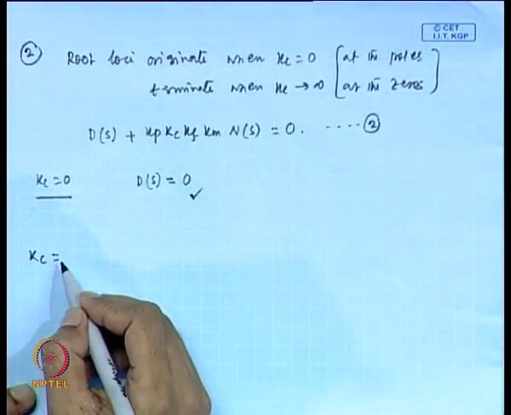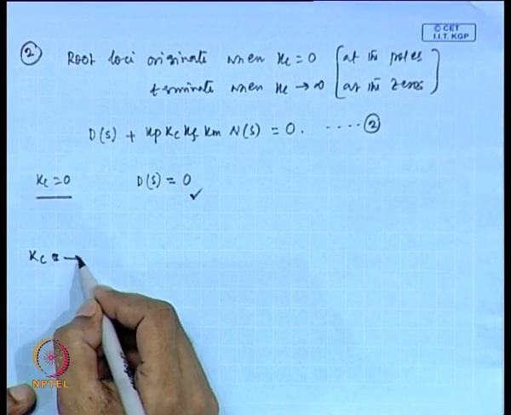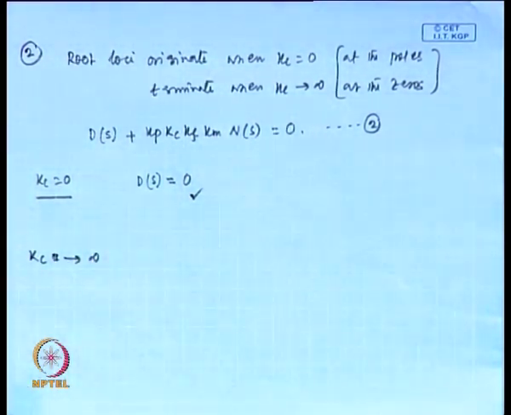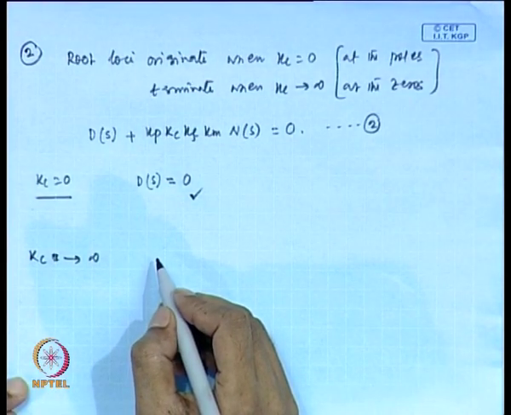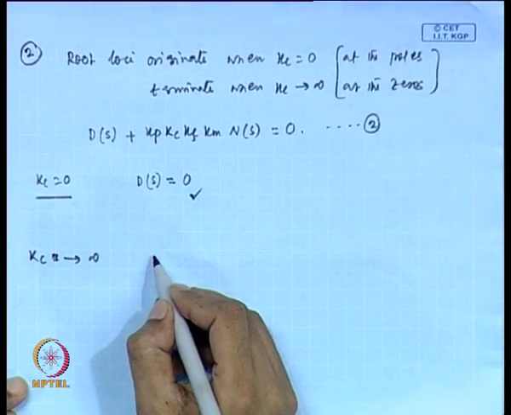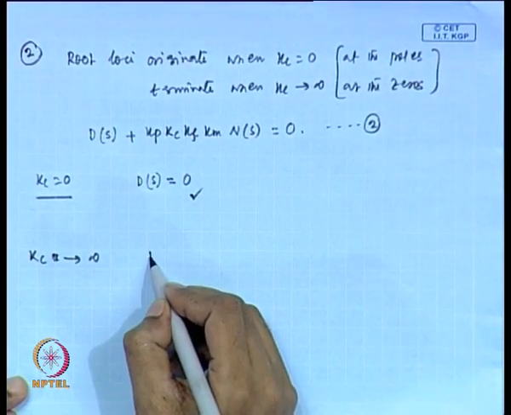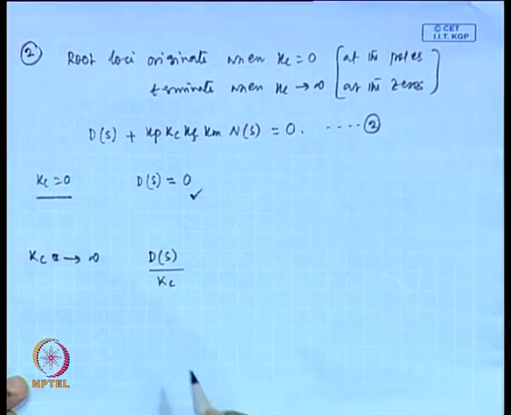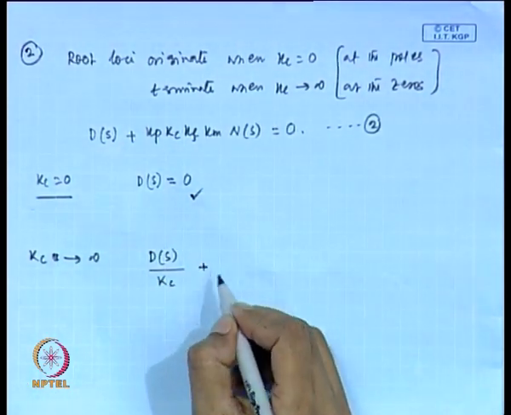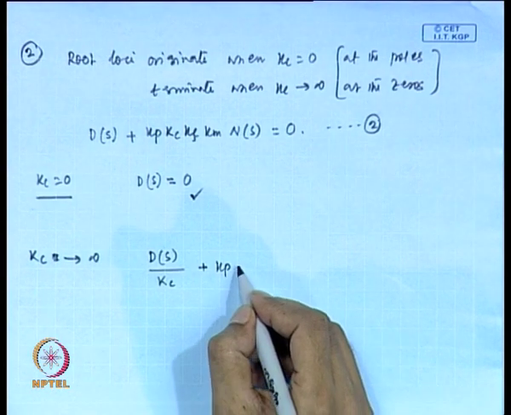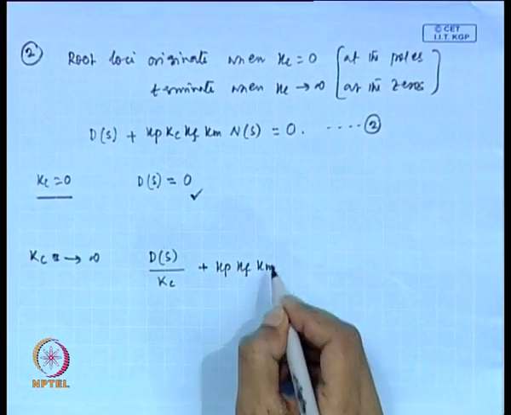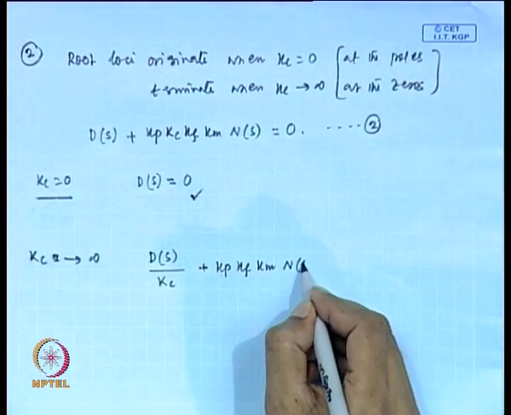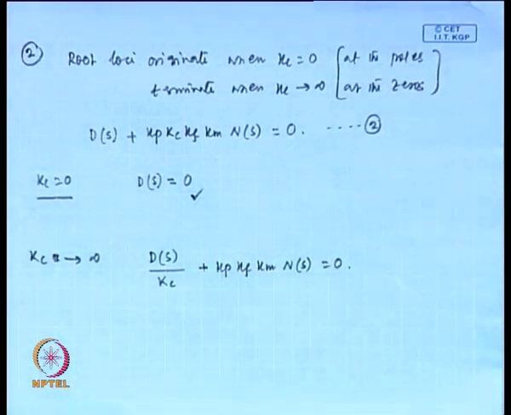Next we will consider Kc tends to infinity. If Kc approaches infinity, what form of the characteristics equation do we get? We write the characteristics equation this way: Ds by Kc plus Kp Kf Km Ns equals 0.